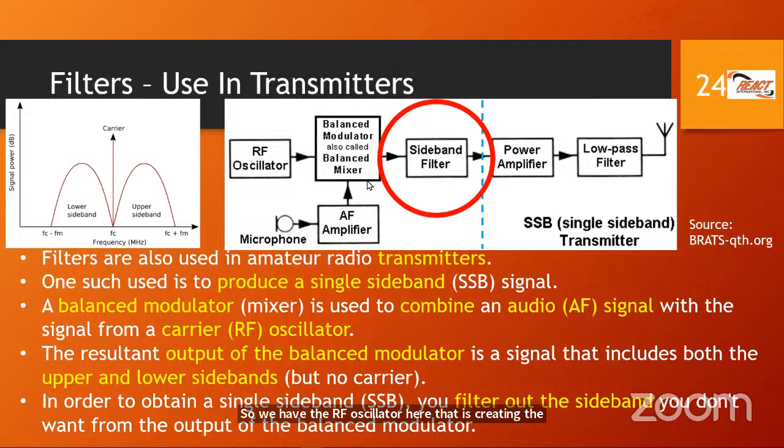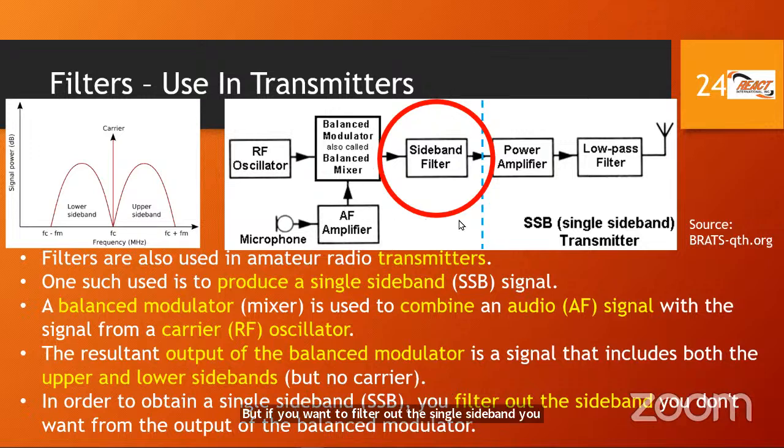Now the output of the balanced modulator, we use the term mixer also interchangeably, so be aware of the two terms. We have both the upper sideband and the lower sideband. But if you want the single sideband, you have to use that filter to filter out the sideband that you don't want.